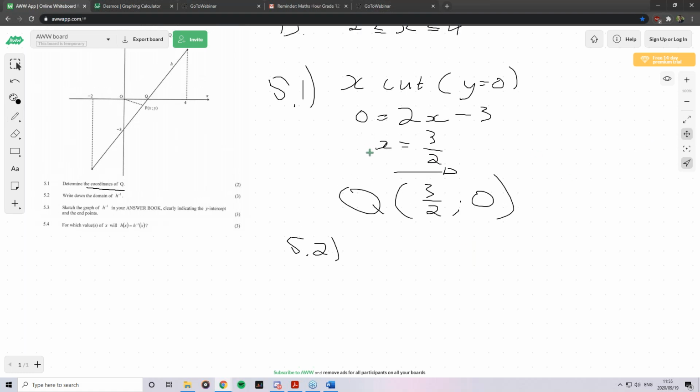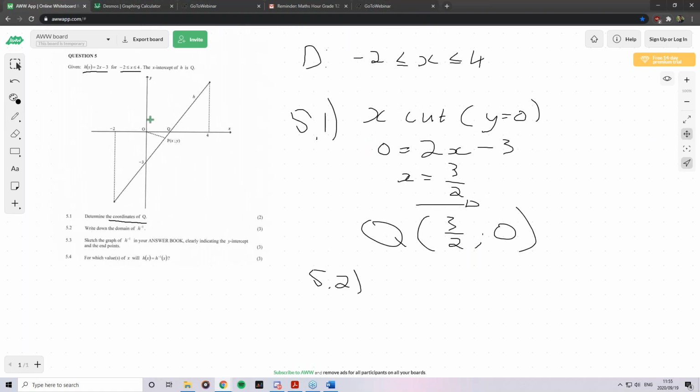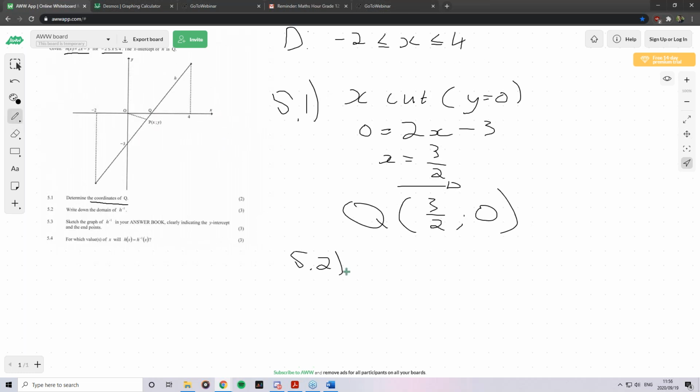So all the domains from the normal graph become the range of the inverse, and all the range of f becomes the domain of the inverse.